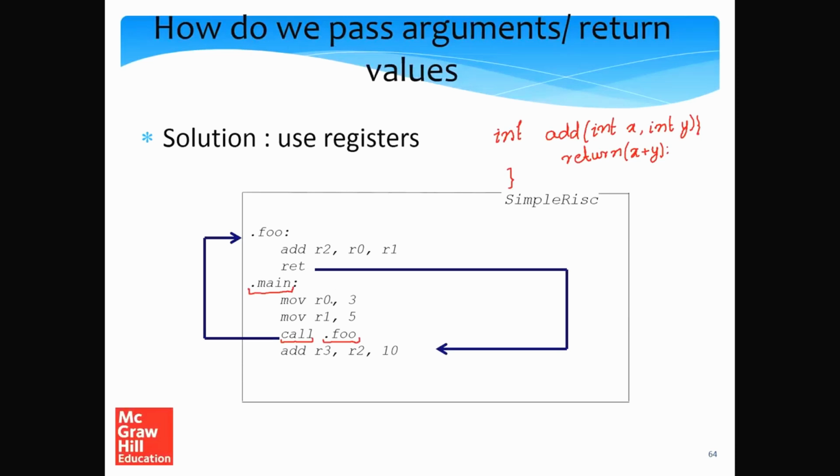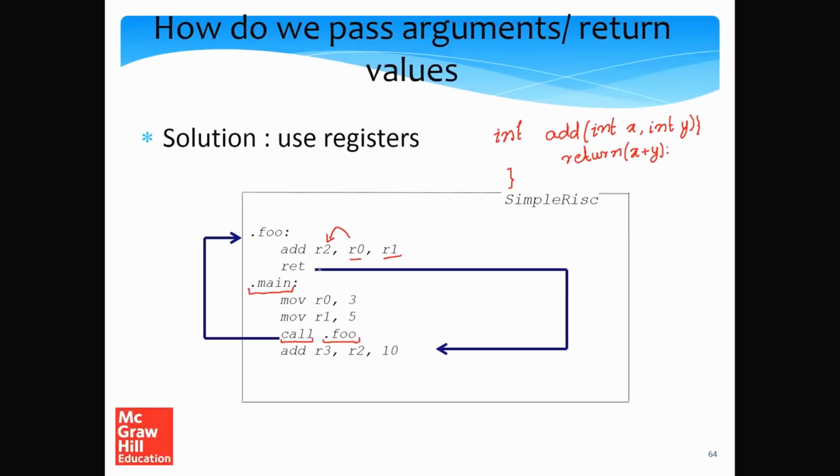So what we are doing here is we have set the values of registers R0 and R1. Then we call the function foo, which essentially means we jump to the label .foo, and at this label we add R0 and R1. We save the result in R2 and then we return back.